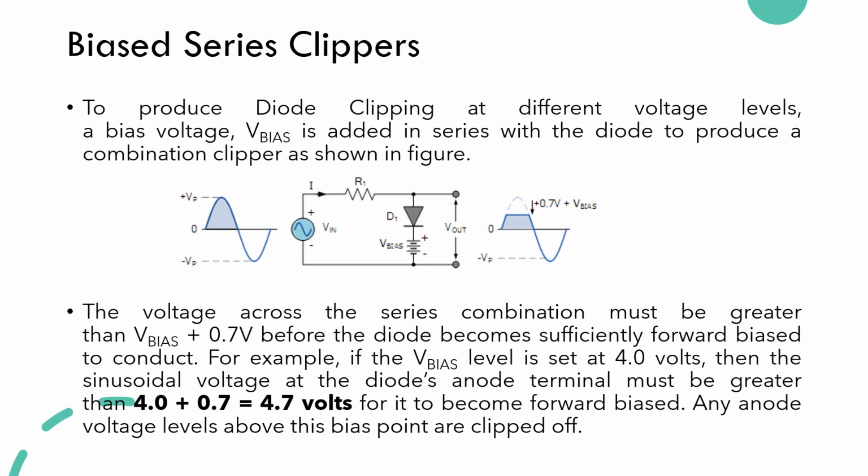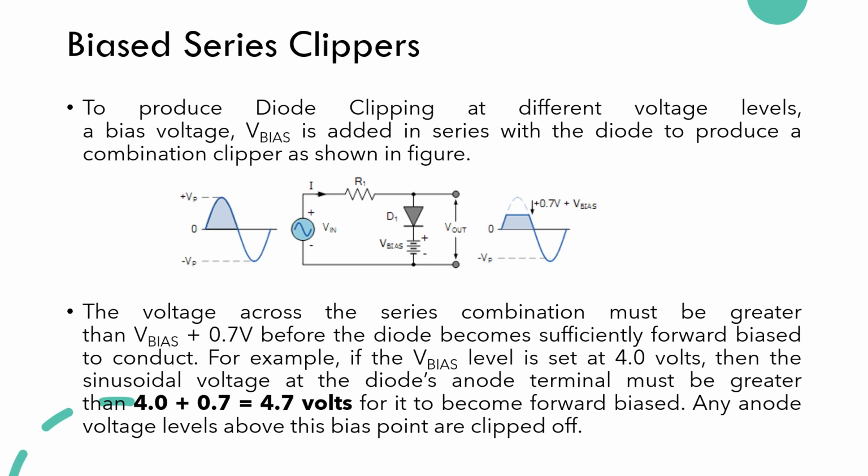For example, in this case, the V bias level is set at 4 volts, meaning 4 volts is a reference or fixed voltage. Then the sinusoidal voltage at the diode's anode terminal must be greater than V bias, 4 volts, plus the silicon diode's 0.7 volt, which is 4.7 volts, for it to become forward biased.